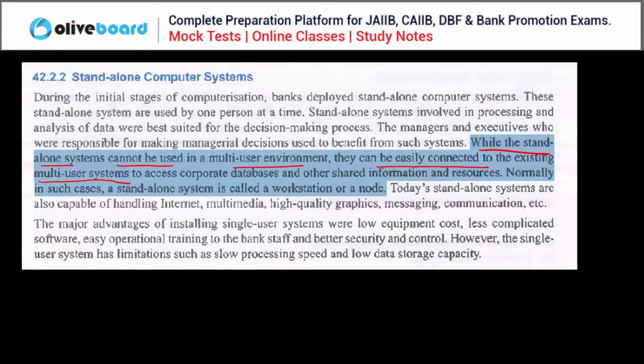In such cases, this standalone system is called a workstation, or a node. So it is not beneficial for the multi-user system, but it can be connected to your multi-user systems, right? So the correct answer for this question is second.